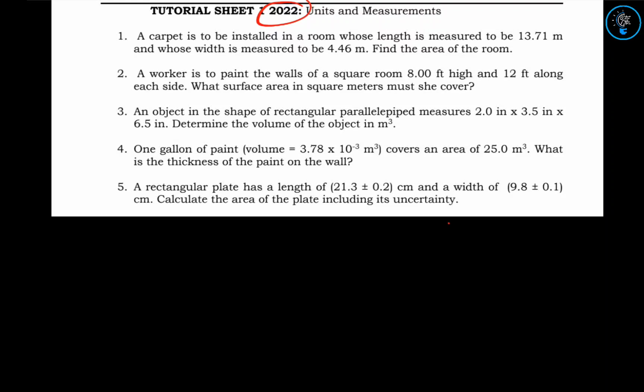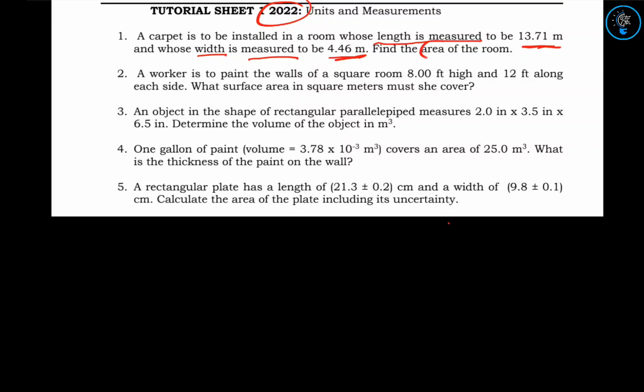So our first question reads, a carpet is to be installed in a room whose length is measured and whose width is measured as well, and we've been given the width is that one and the length is that one.